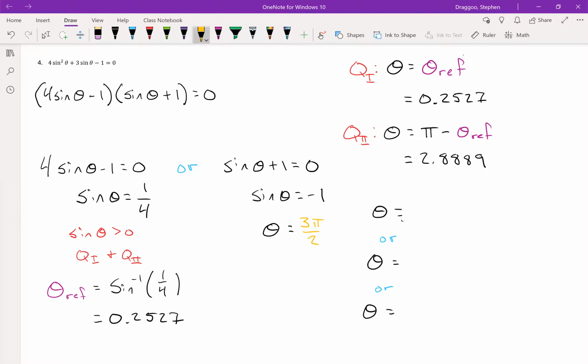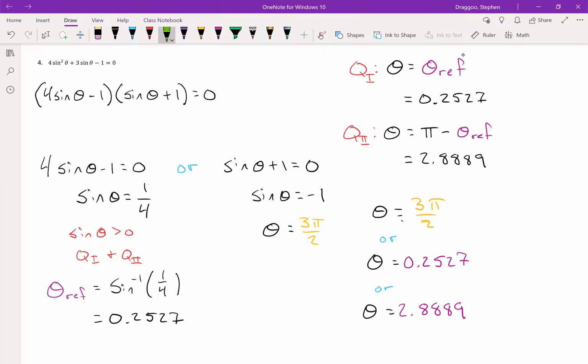So now that I've gotten all my solutions that are just within the unit circle, I'll do the same thing that I've been doing, where I just find all the coterminal angles to them. So I had 3 pi over 2 as an angle, 0.2527 as an angle rounded to 4 decimal places, and 2.8889 as another angle.